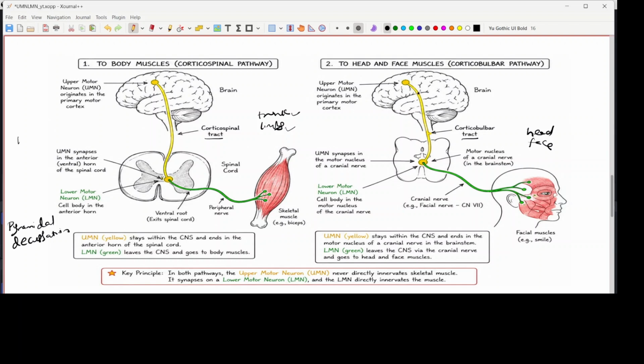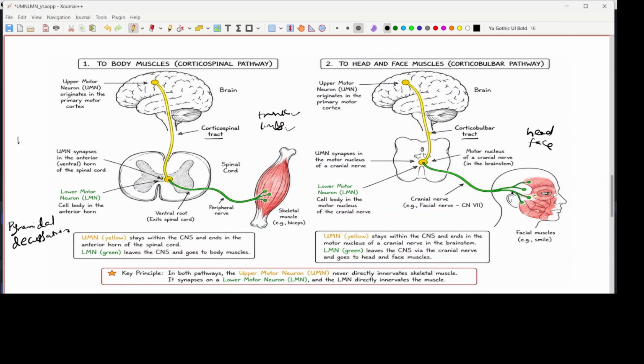Therefore, the corticobulbar tract carries upper motor neuron fibers from the motor cortex to the motor nuclei of cranial nerves within the brainstem. These motor nuclei contain the cell bodies of lower motor neurons. The lower motor neurons then leave the brainstem as cranial nerves to supply skeletal muscles of the head and face.